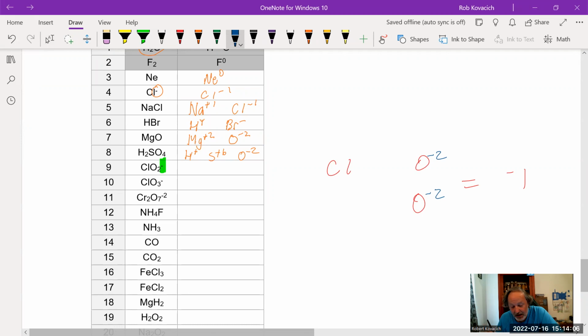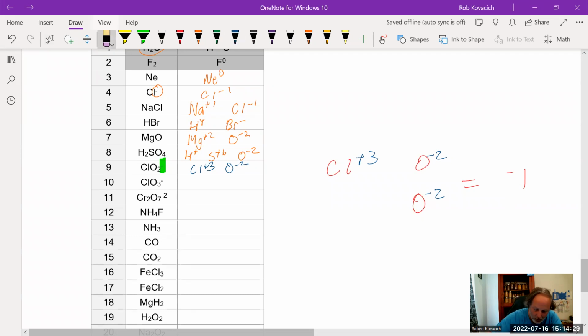The oxygens have a higher electronegativity, so they're going to be the negative thing. And now the chlorine has to do whatever the oxygen wants. So how do I go from -4 to a -1? This chlorine's charge is a +3. That's it. So I've got a Cl with a +3 charge and 2 oxygens, each with a -2 charge.